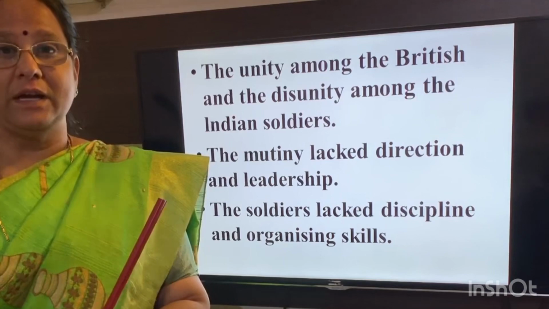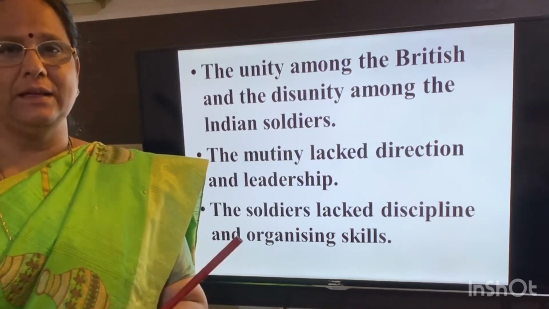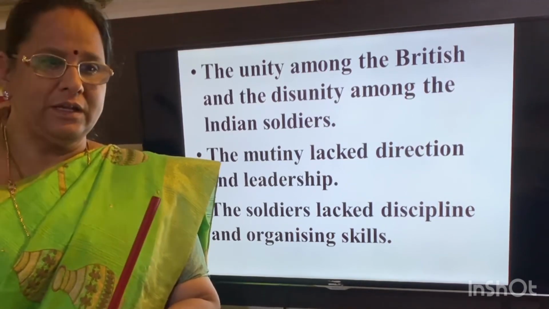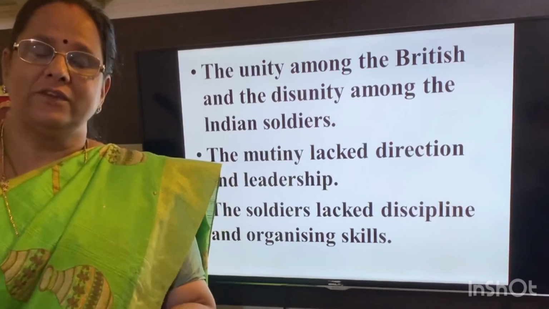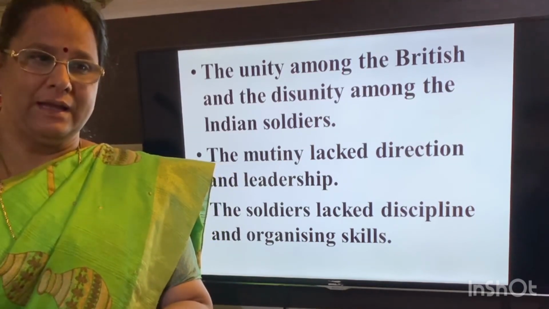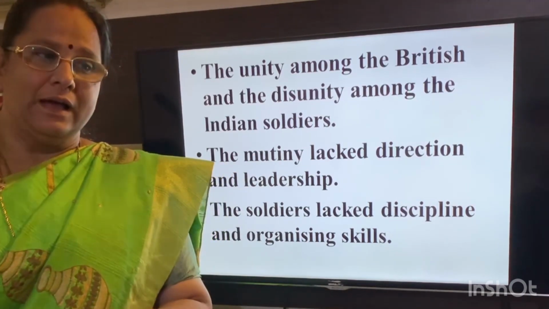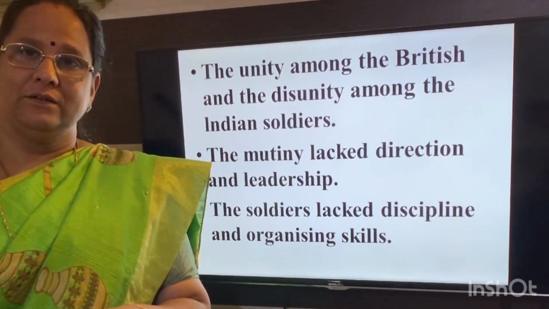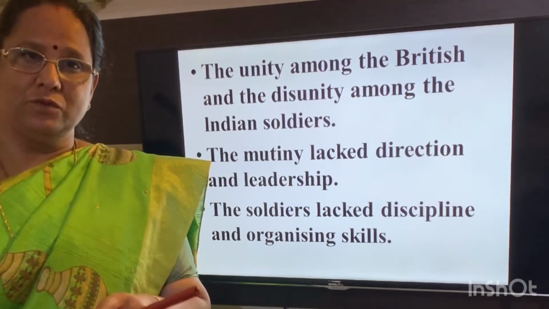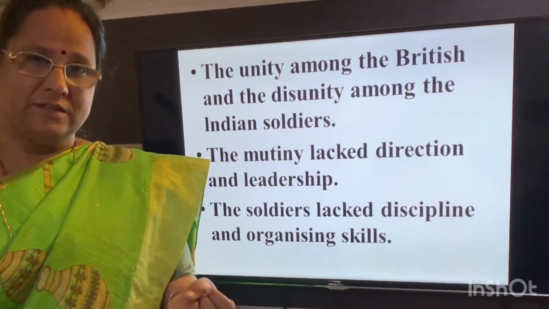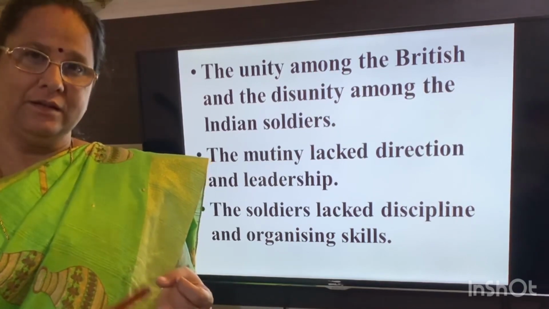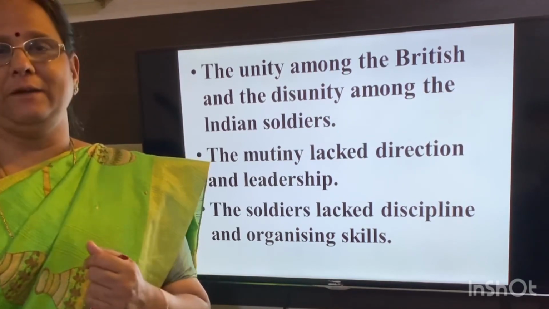And next point is regarding Indian soldiers. What are the things they were lacking? If you see, Indian soldiers were lacking direction, leadership and discipline and organizing skill. So remember, the Indian soldiers were lacking discipline, organizing skill, direction and planning.